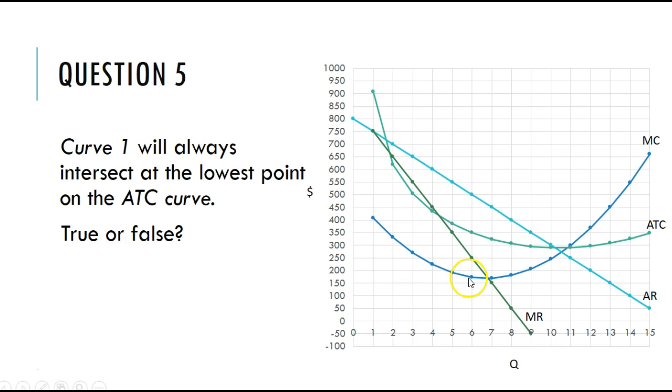So wherever the marginal cost is less than the average total cost, it drags the average down. Wherever the marginal is less than the average, it drags the average down. And when the marginal cost is greater than the average, it drags the average up.